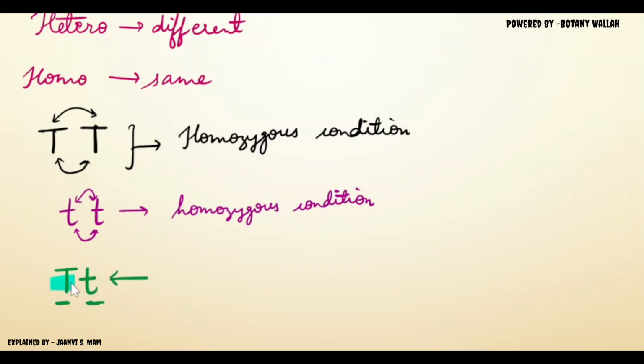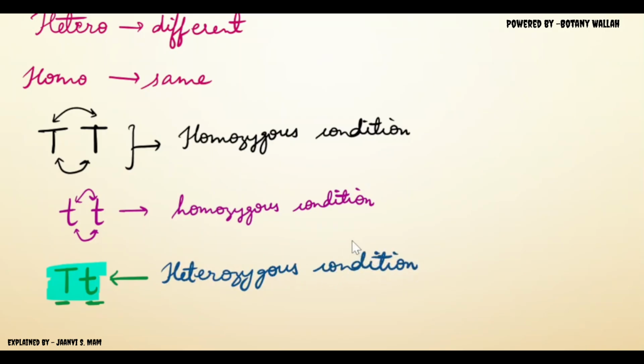If such two alleles are present, then we say it is a heterozygous condition of a gene.